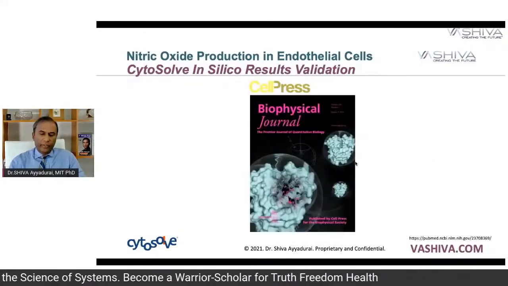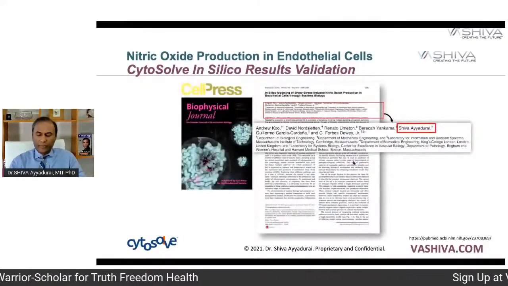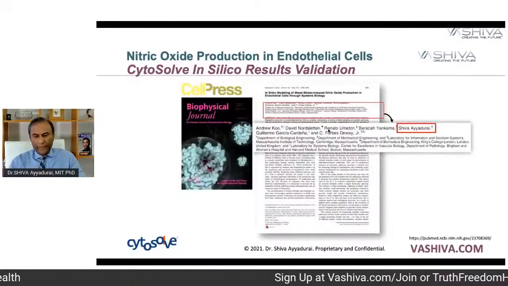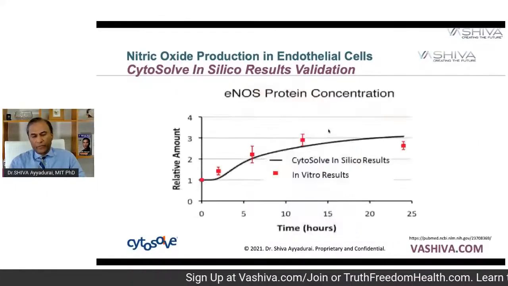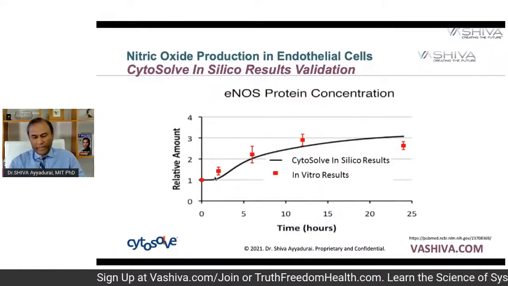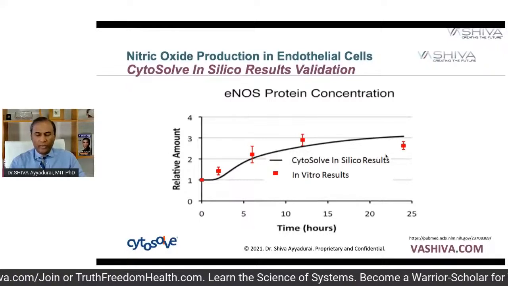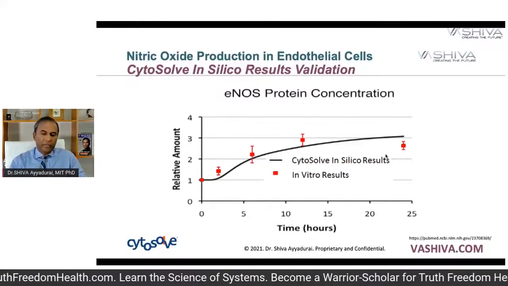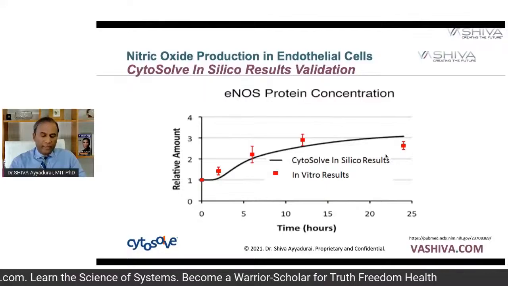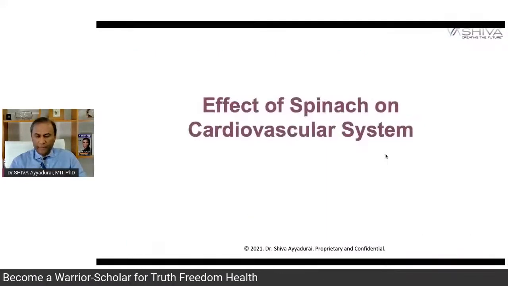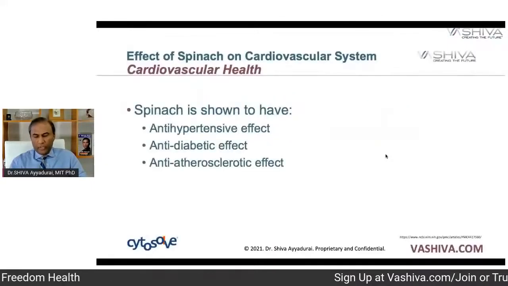It was so extraordinary that this work, I was one of the authors of this, was accepted into one of the leading journals in the world called Cell's Biophysical Journal, okay? So this is important because this was the first time we were able to show that Cytosol results matched what people were seeing in the wet lab, okay? So this is important because this shows the power of Cytosol, that we can save time and money and, frankly, animals' lives, okay? So using this approach, we looked at the effect of spinach on cardiovascular health.